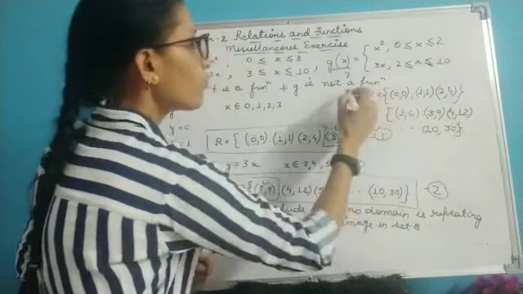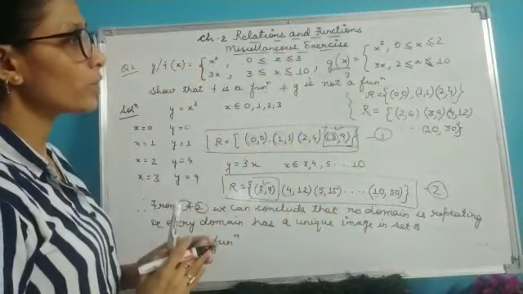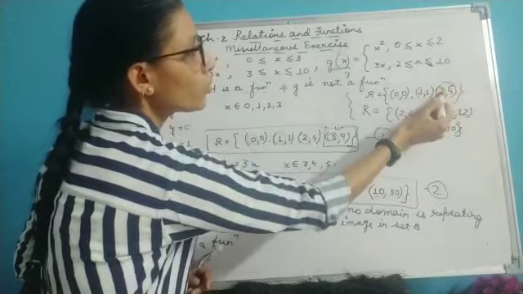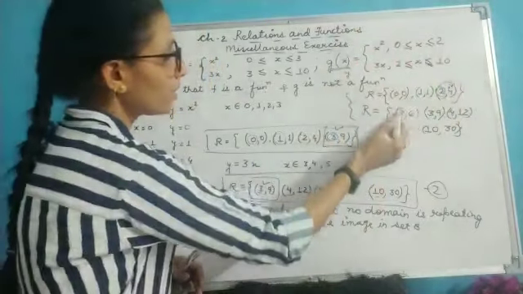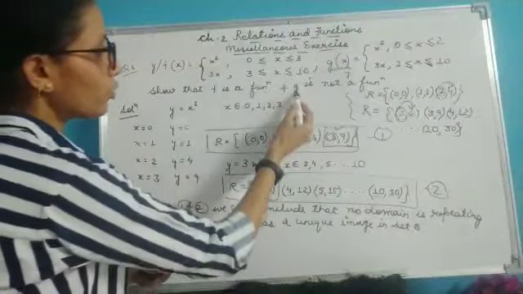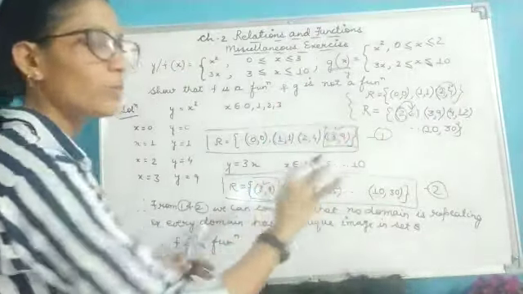Now children, from these two relations you can see 2 is having two images. Here 2 has 4 as its image, and here again 2 has 6 as its image. So g is not a function because the domain is repeating.